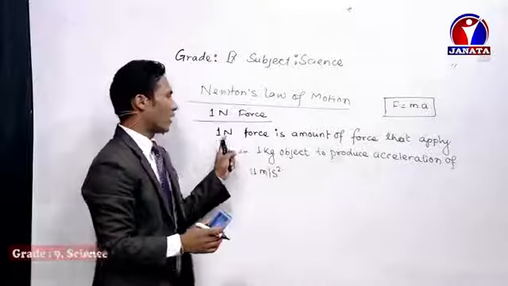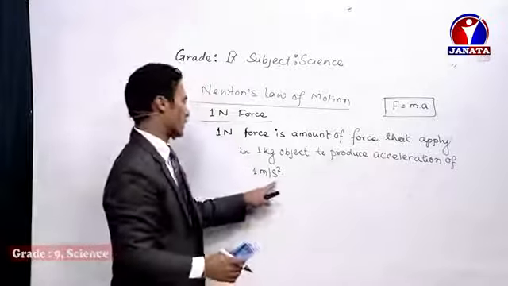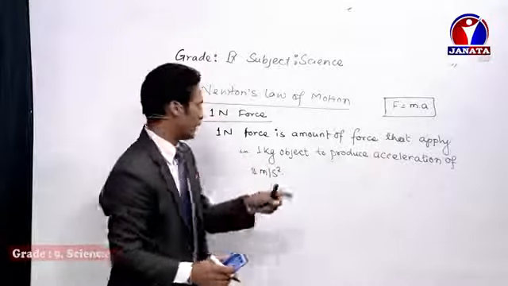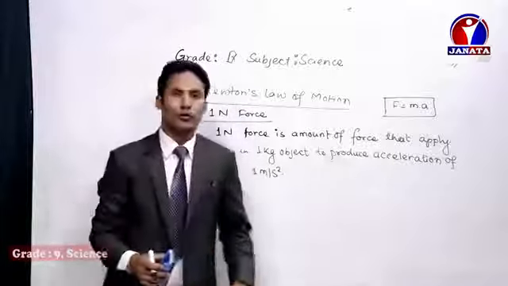So this is the amount of force which causes the production of acceleration of 1 meter per second square when we apply that on the 1 kg object. So this is 1 Newton force.